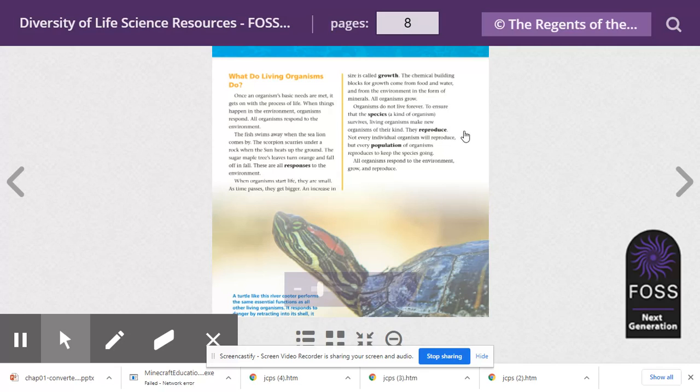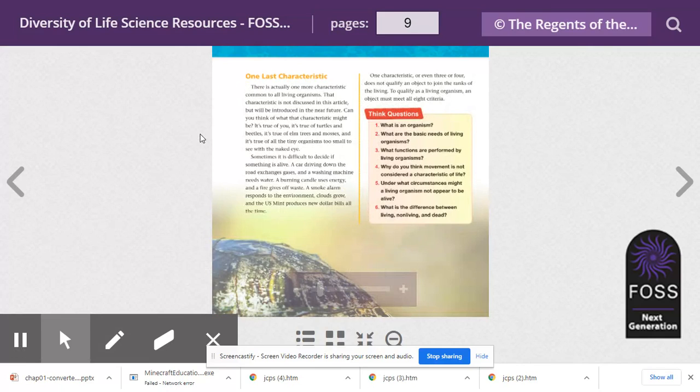They reproduce. Now, every individual organism will not reproduce, but every population of organisms reproduces to keep the species going. All organisms respond to the environment, grow, and reproduce. So that's the three things that living organisms do, and that's how you know that they are alive.